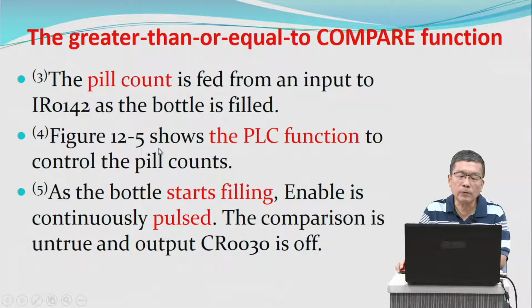Figure 12.5 shows the PLC function to control the pill count. As the bottle starts filling, enable is continuous post. The comparison is untrue and output control relay 30 is off.